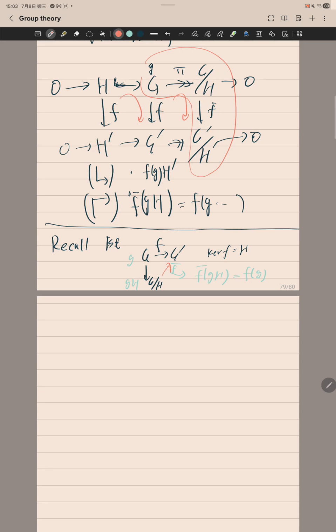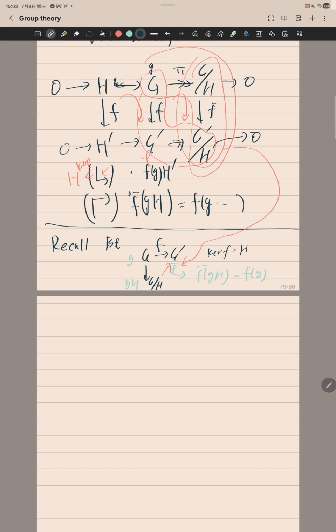So from this picture, this kernel, if you saw the previous video, this whole map phi from G to G prime quotient H prime has kernel exactly H. So now this f bar is exactly this guy.